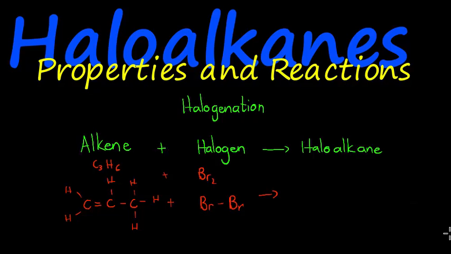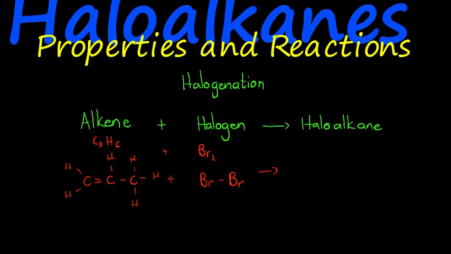What is going to happen in this reaction is that this double bond, it's a little bit more complicated than that, but you can understand it like this for now. This double bond is broken up, and so now we've got one valence electron here and one valence electron there.